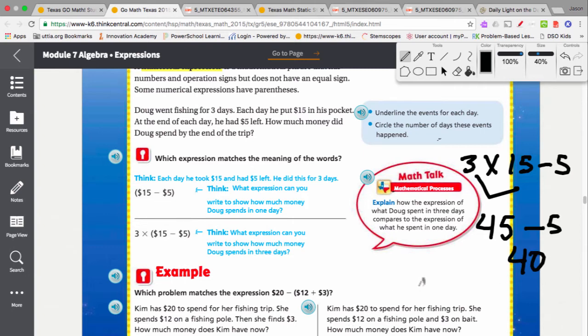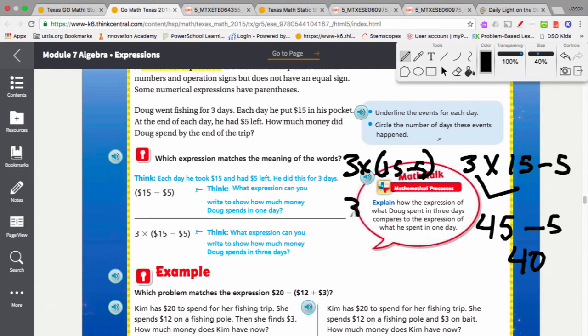But that's like saying that he took $15 with him every day and he only spent 5. But the real problem is this: 3 times (15 minus 5). That's 3 times the difference of 15 and 5.